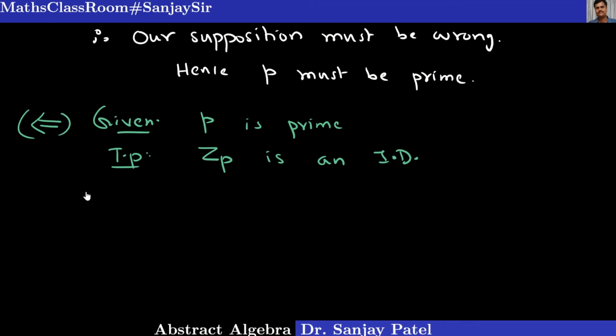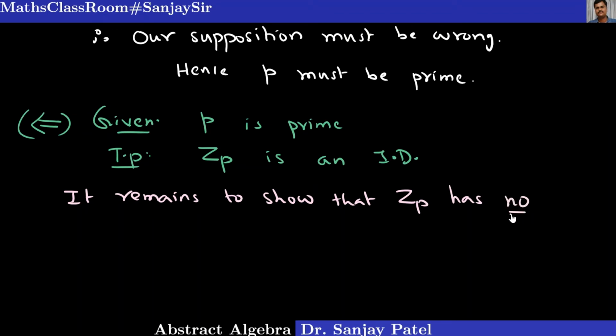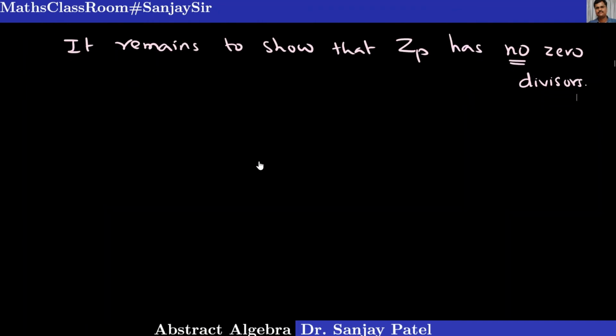So here it remains only to show that Z_p has no zero divisors in order to prove that Z_p is an integral domain. So let us take two elements in Z_p.